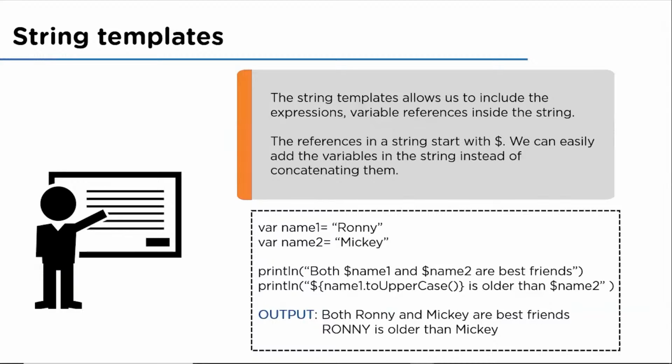We can also print an expression, like we did while printing the second sentence, .toUpperCase. It is an expression, and in Kotlin expressions start with a $ sign and are enclosed in curly brackets, as we can see. So as we have understood about string templates, let's move on to if, else and when statements.